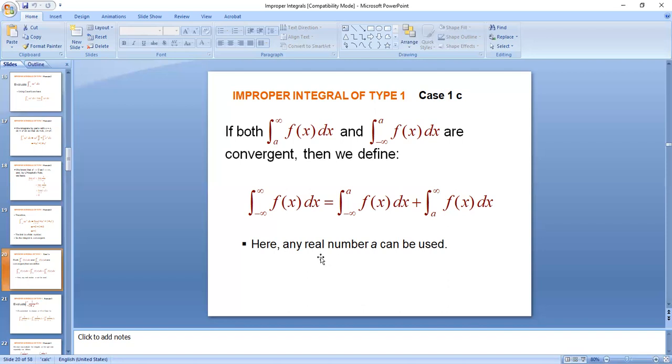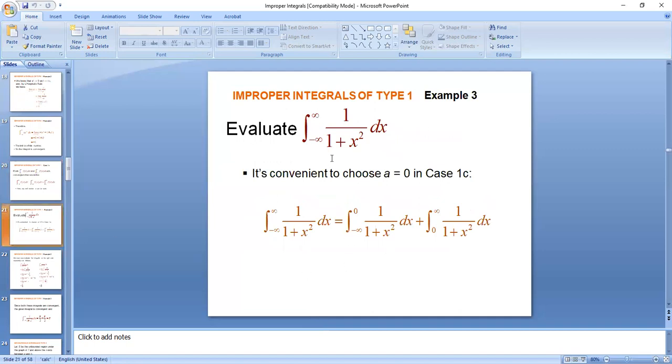As is stated here, any real number can be used for A. Actually, the letter A is also arbitrary. You can choose any letter that you want for the A, as long as this value is between negative infinity and positive infinity. So for this specific example, we separate it into two integrals and take the sum of the two.